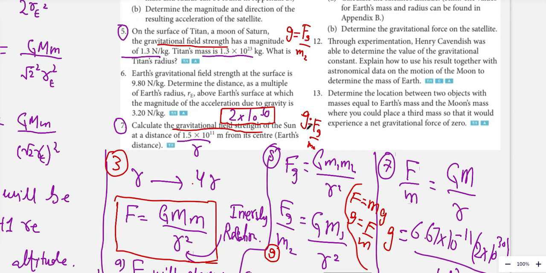Actually, we cannot solve this numerical without using the mass of the sun. So this is what we have to know by ourselves. We have to put this in ourselves, and you can Google what is the mass of the sun.